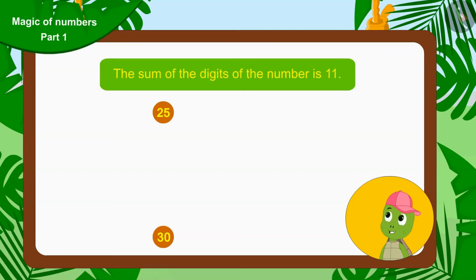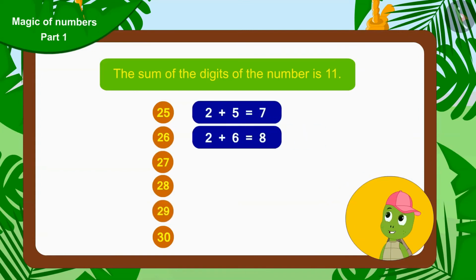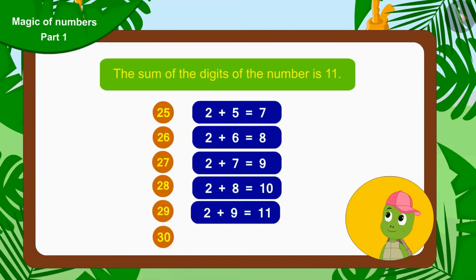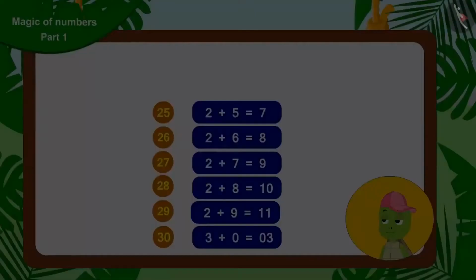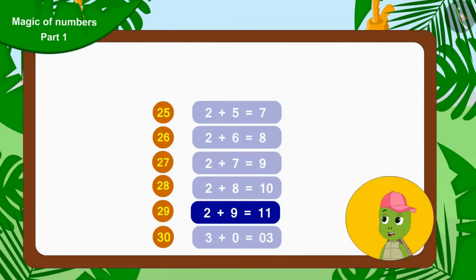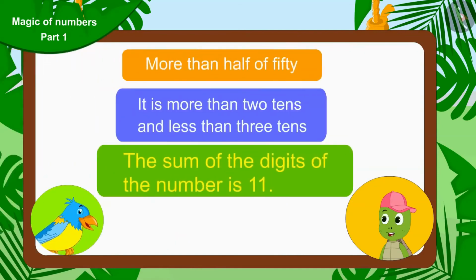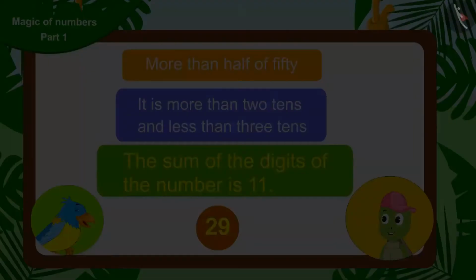By saying that, Tufan started to write the numbers 26, 27, 28 and 29. Well, out of these, only 29 is the number whose sum is 11. This means that the number you thought about is 29, Tufan excitedly told the bird.